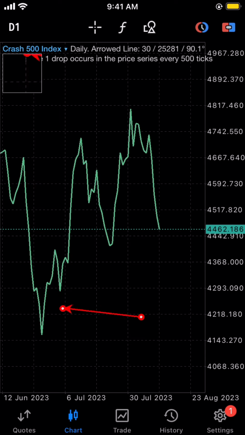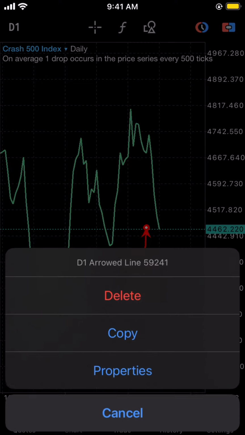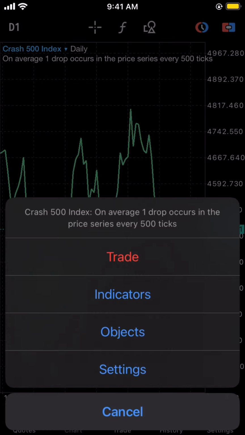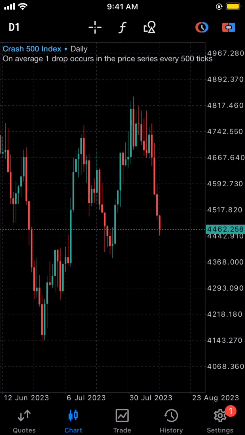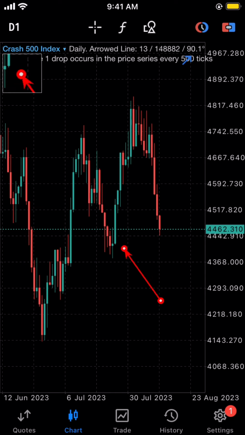So these important key levels are tricky to find if you go to candlestick like this. Let's change to candlestick. So if you go to candlestick chart, you can be confused to find them. These areas are very obvious, like you can say this is resistance, and this is support.